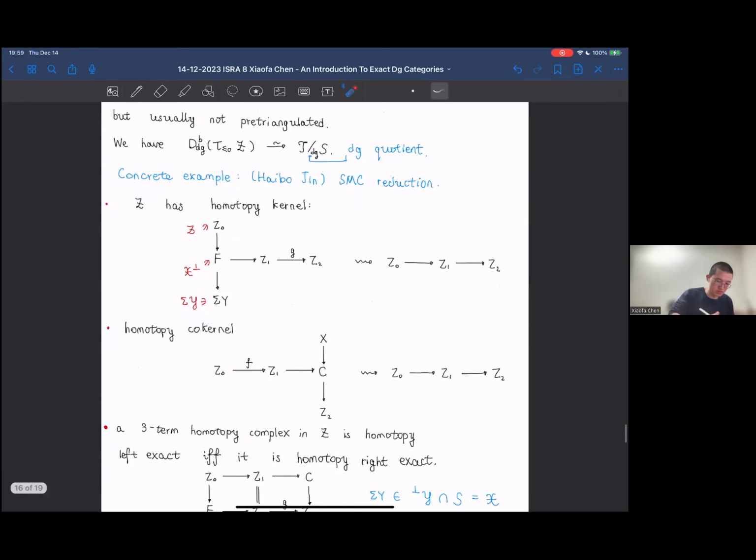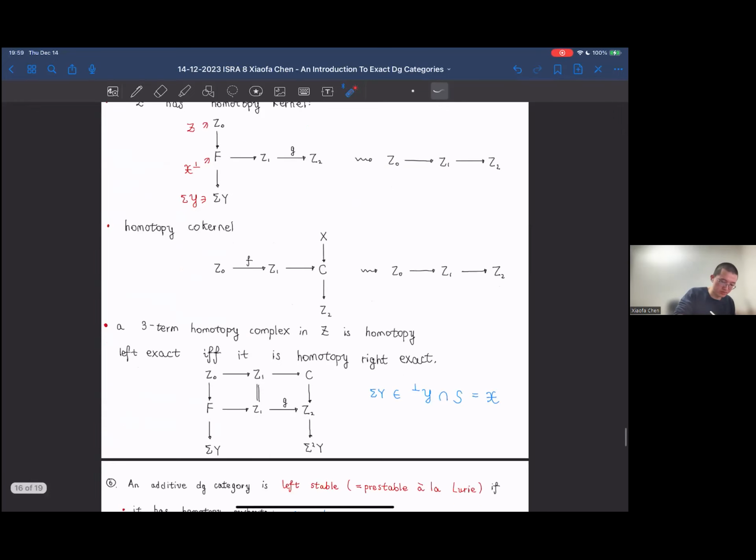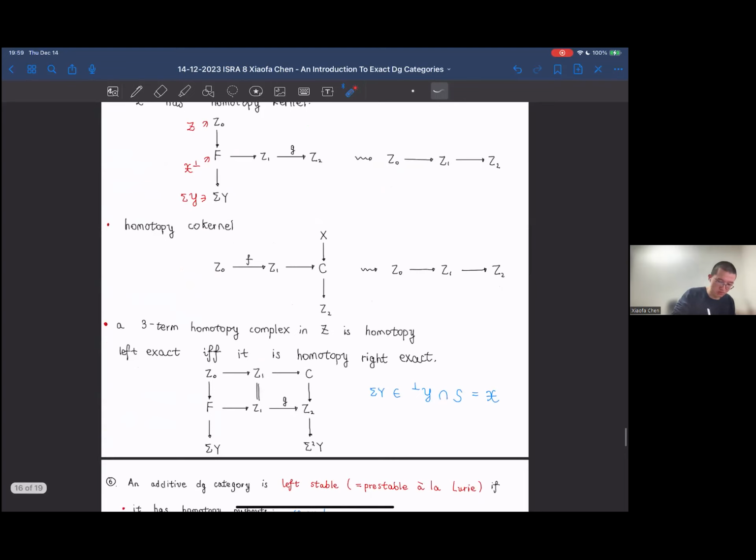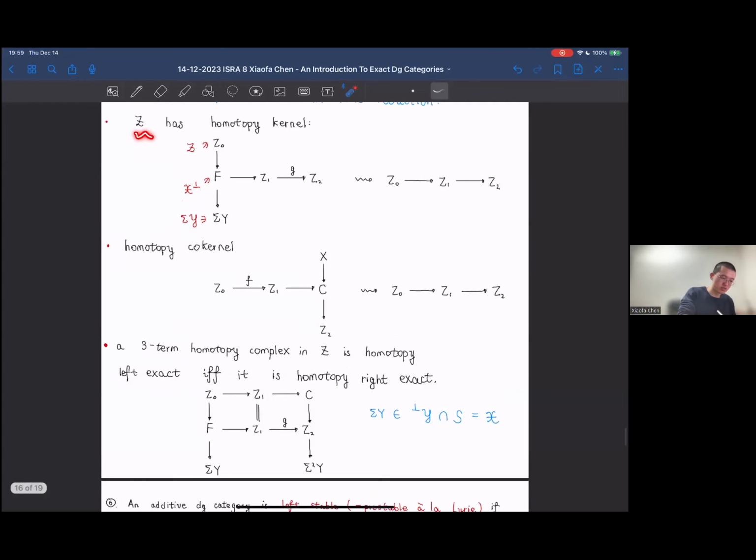And to show that a 3-term homotopy complex is homotopy left exact if and only if it is homotopy right exact, we use the octahedron axiom in T. Yes. So because we start with Z0, Z1, Z2, this sequence, and because we assume it's homotopy left exact, then by our first construction of homotopy kernel, this morphism is given by this diagram.